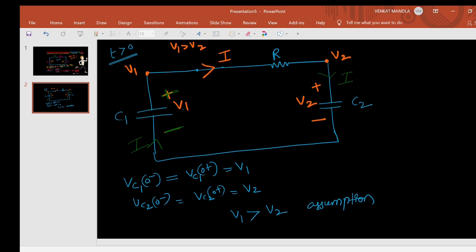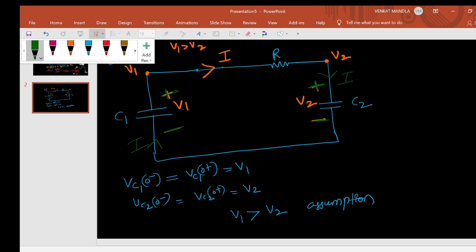But at C2, the current enters at the positive terminal, right? If the current enters at the negative terminal, this capacitor is delivering power. If the current enters at the positive terminal, this capacitor is absorbing power, right?